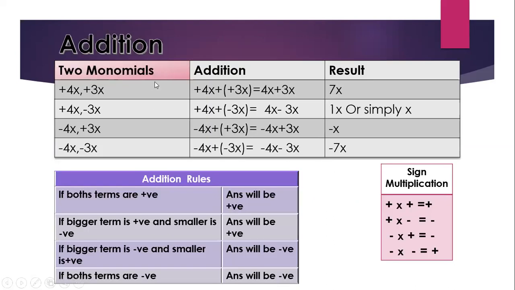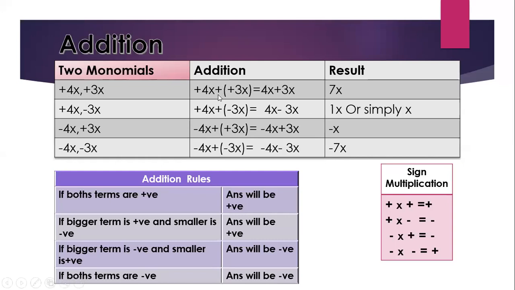Now, this is very important. Please note down, if you haven't noted it yet, these are the rules. Please remember them. If there are two monomial terms and I want you to add them, and if there is a comma, you have to remove the comma and put the sign of plus.